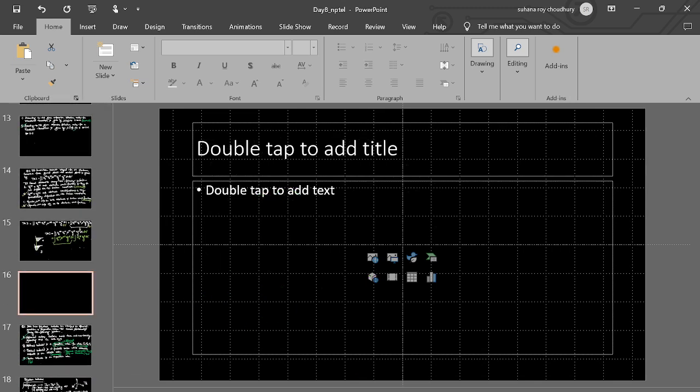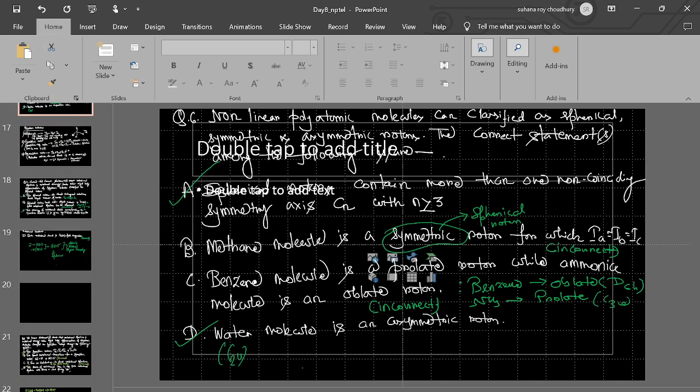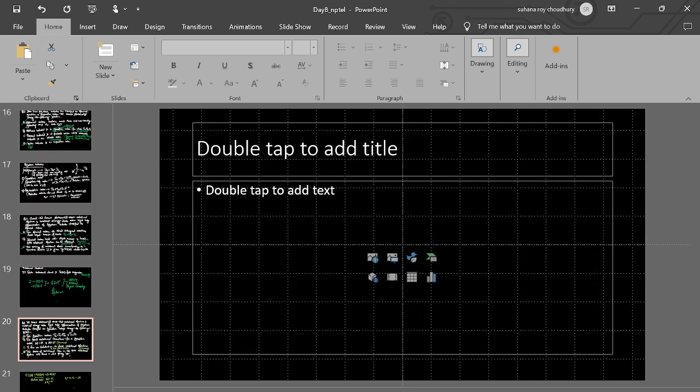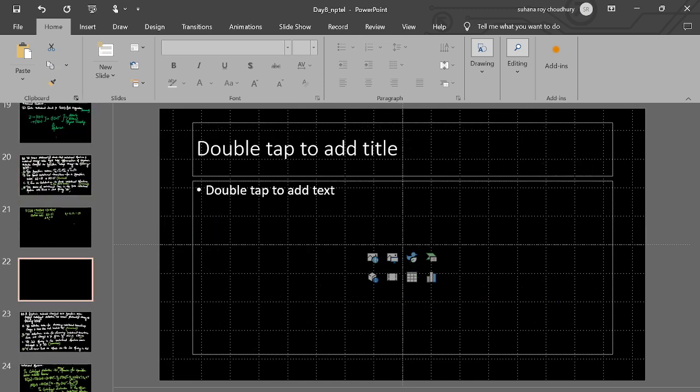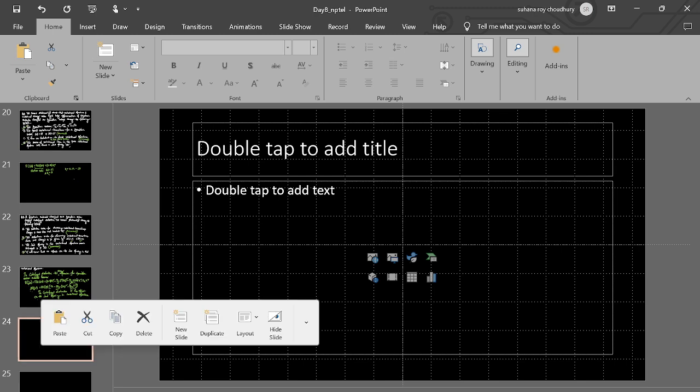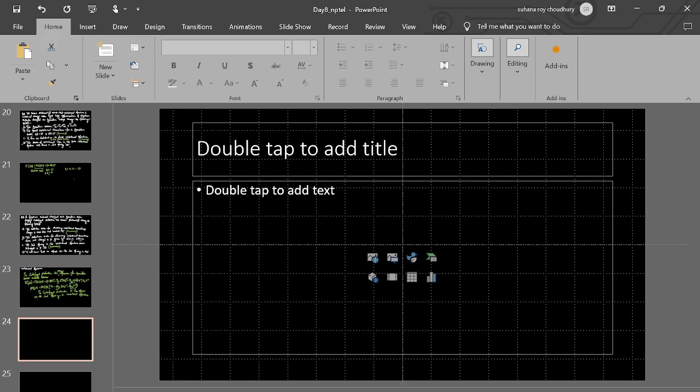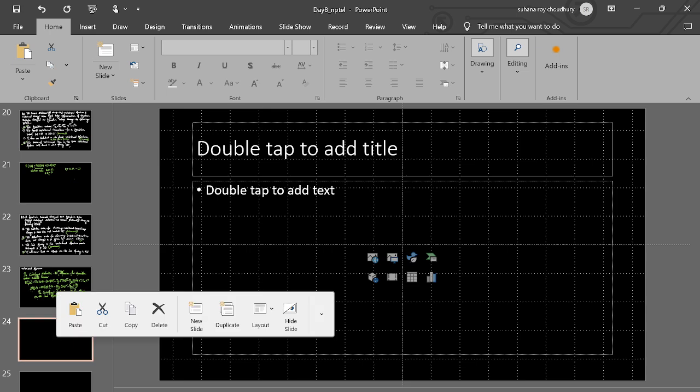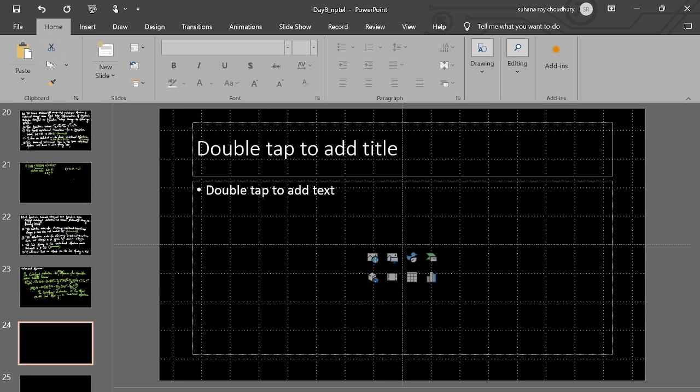Assignment 8 is based on some electronic structure calculation. In tomorrow's class, maybe Shavi will take both of them together, and if I get the extra class slot, we will discuss assignment number 8.